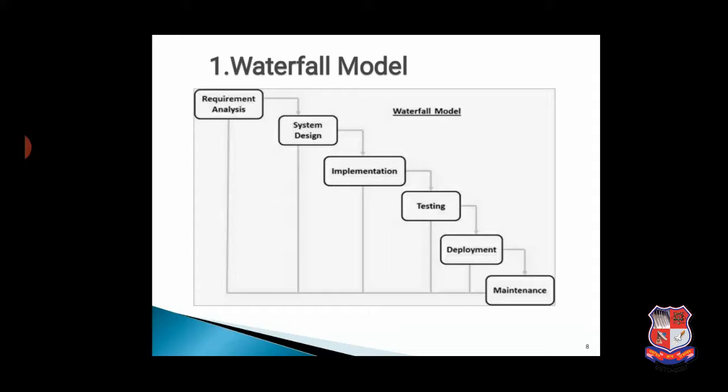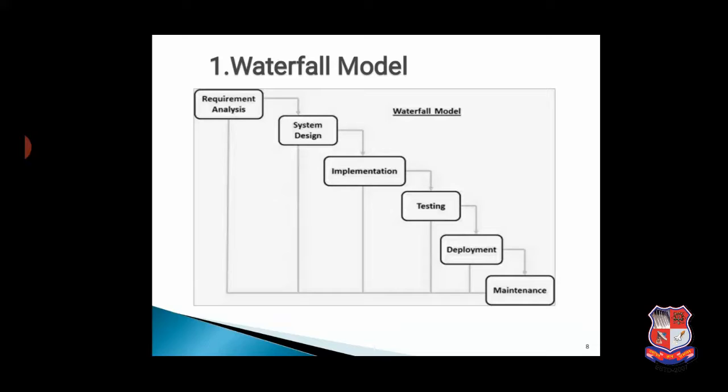Okay guys, if you have any issues on the customer side, they come under the maintenance stage. The maintenance stage occurs with customers and clients only. If any issues come from the client side, they will be fixed, and that stage is the maintenance stage. So guys, these are the different stages of the waterfall model: first requirement analysis, system design, implementation, integration testing, deployment, and maintenance.